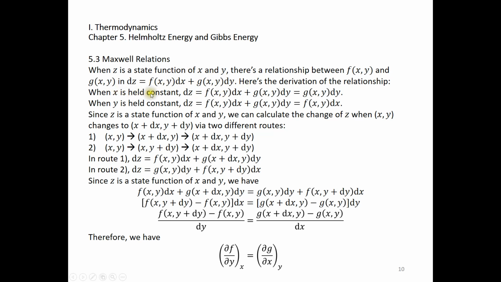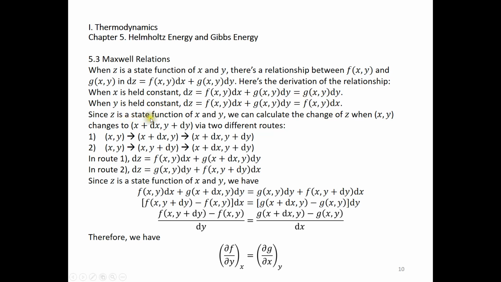Now if x is held constant, dz is simply g dy. When y is held constant, dz is just f dx. These two equations are true when one of the two variables is held constant.